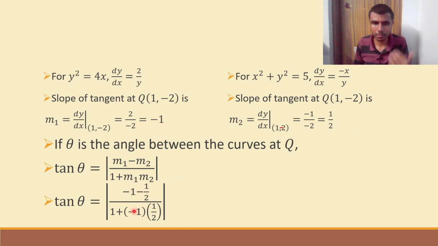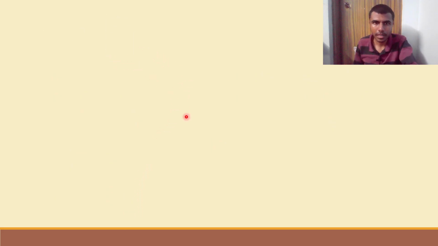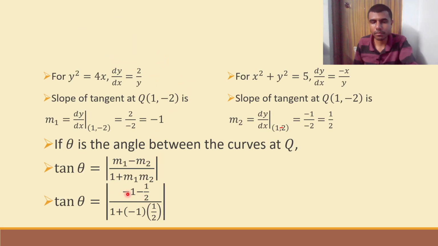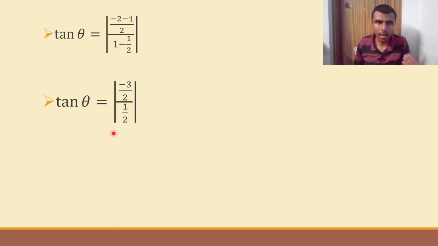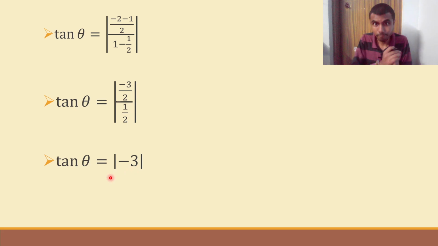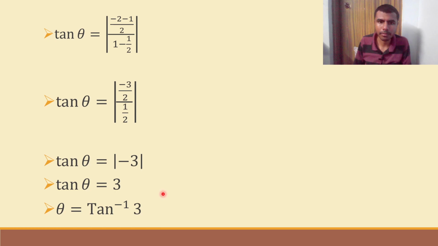So (-1 - 1/2) by (1 + (-1)(1/2)). Take the LCM: (-2 - 1) by 2 in the numerator, and 1 - 1/2 is half in the denominator. So modulus of (-3/2) by 1/2, which is modulus of -3, and the mod of -3 is plus 3. So tan theta is 3, and theta is tan inverse 3.